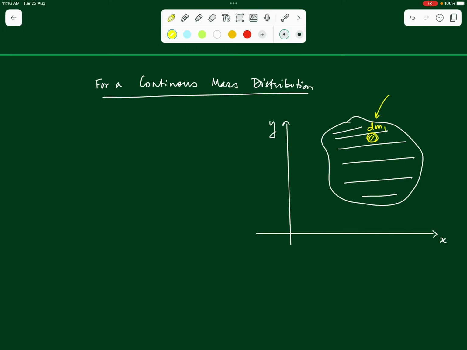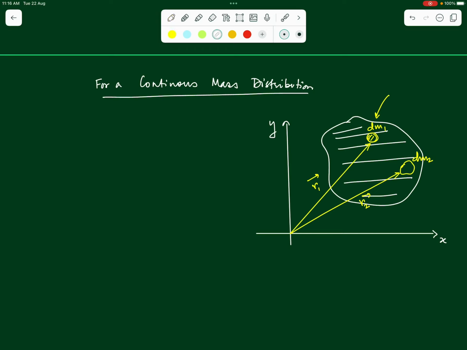Why dm1? Because it's a very small mass, just like a point mass. So that's why dm1, a very small mass, which is now at a position vector of r1, let's say. Then we have another small mass, dm2, which is at a new position vector r2, and so on. Now since we are saying that these masses are very small, how do we cover all the masses of this body and try and find out the center of mass? This is what the situation would be.